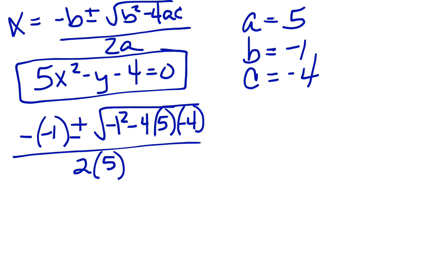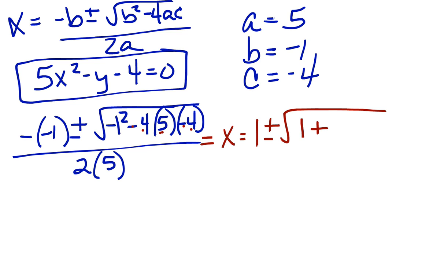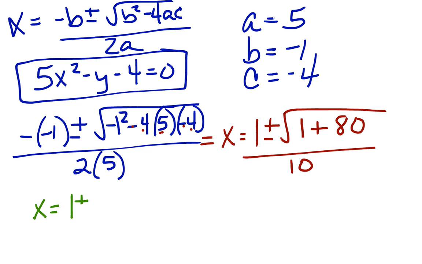Okay, so let's do a little simplifying. My x is going to be equal to 1 plus or minus the square root of 1. And then I have 2 negatives, that's going to be a positive. 4 times 5 is 20. 20 times 4 is 80. And all of that is divided by 10. All right, simplify a little more. So I get x is equal to 1 plus or minus the square root of 81 divided by 10.